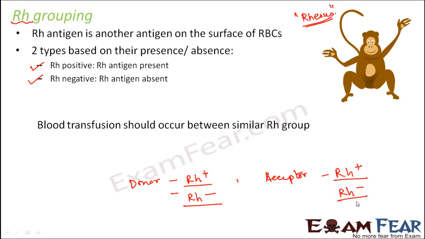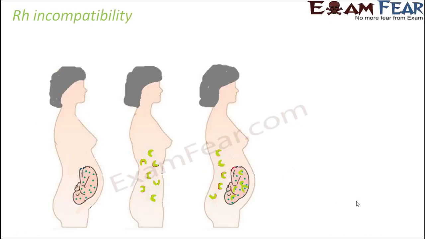So that is a very important thing, and that is where the compatibility of RH factor also comes into picture. So it is not only the compatibility between the four blood groups, it is also the compatibility between the two RH groups. So during blood transfusion, both the factors need to be taken care of, that both should be positive or both should be negative, and also the blood group should be compatible.